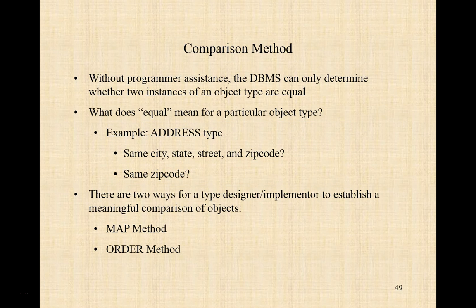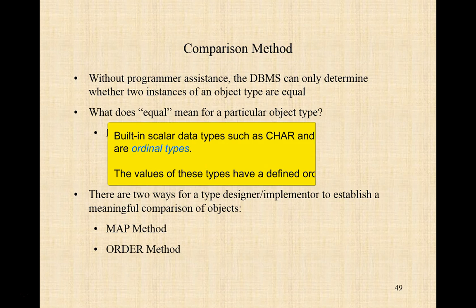Let's consider how we would approach designing such a method. When we do a comparison outside of the object realm, the values of a scalar data type, such as char or integer, have a predefined order which allows them to be compared.